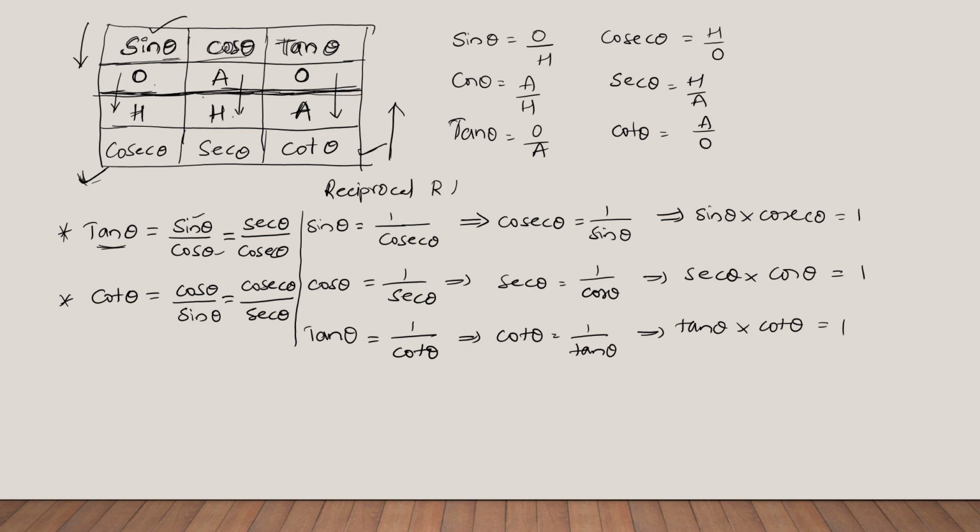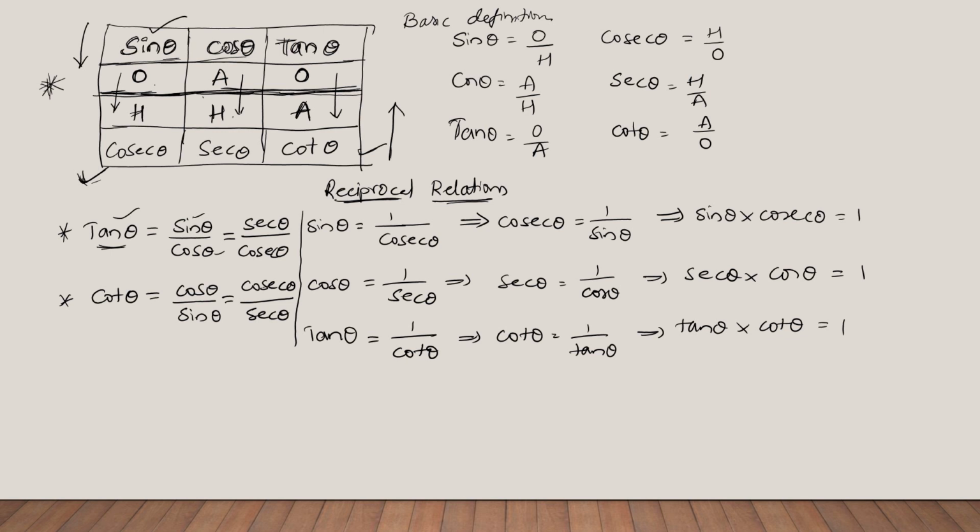All these are reciprocal relations, and these are the relations between sin theta, cos theta and tan theta, and these are the basic definitions. So if you can remember this table, which is very important, you can solve any problem related to the first exercise.